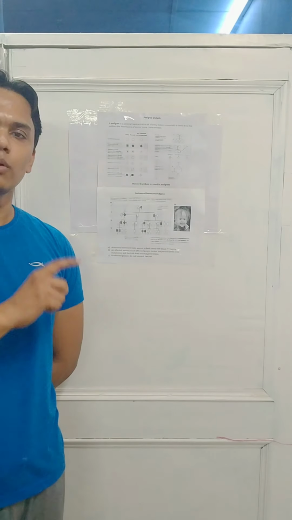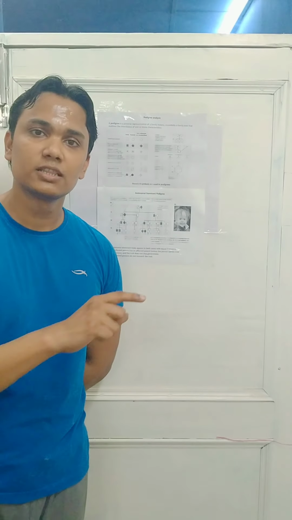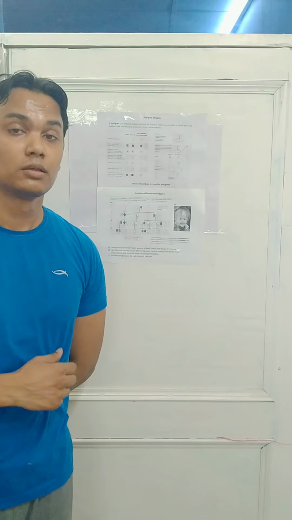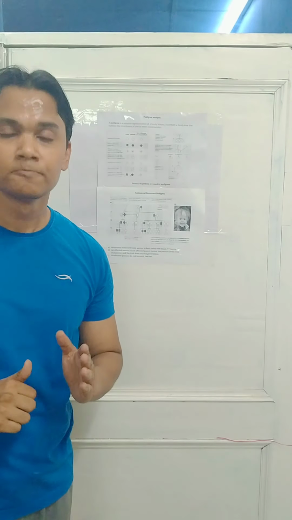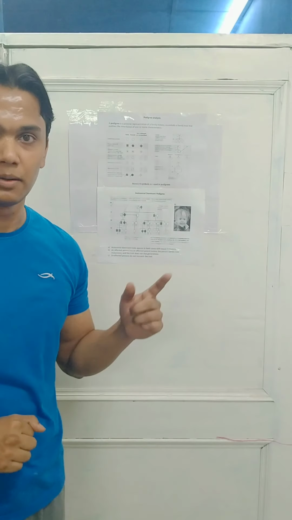For a hypothetical example, consider that the onset of disease starts at 20 years of age, but the pedigree analysis was done when that individual was 15 years old. So you won't be able to identify the disease in that individual, even if it was a dominant trait. In those cases, we use this type of symbol. A vertical line in the center of the square box or the circle will represent an asymptomatic carrier.